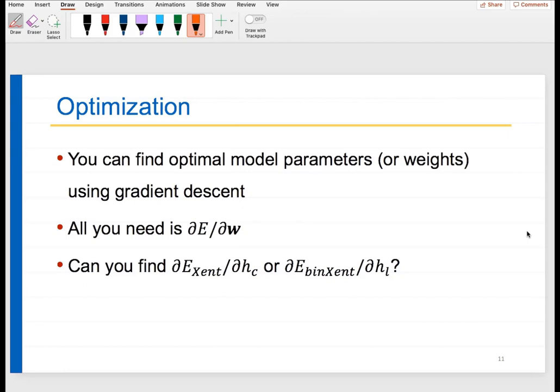I've already told you the problem which is going to come. So you have to derive the derivative of the error function with respect to the weights, right? It is not straightforward. It means you have to spend some time to be able to do it correctly.